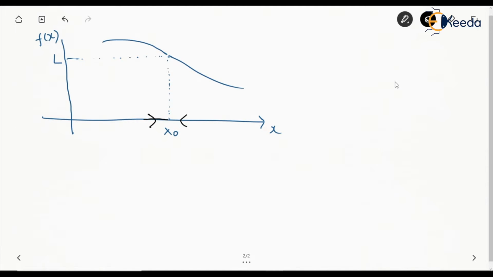So when your variable is approaching x naught, whether from the left hand or from the right hand, then the function value is also approaching a certain value which is L, right, which is L.